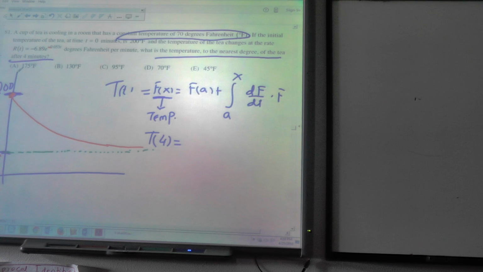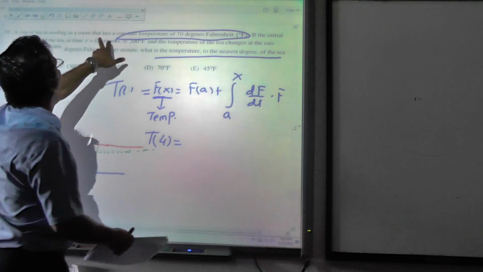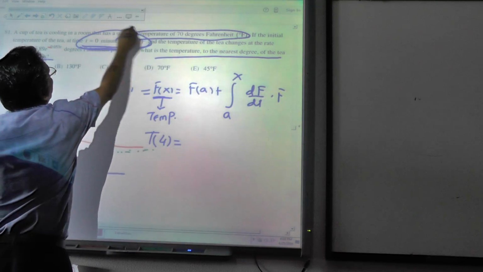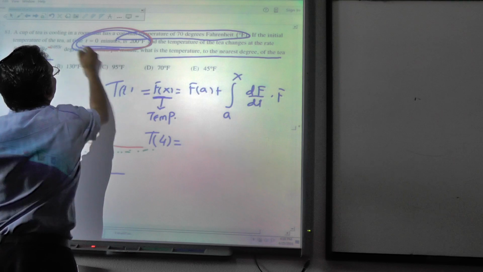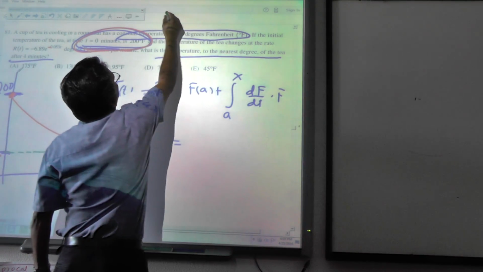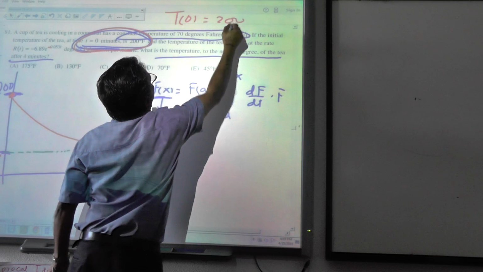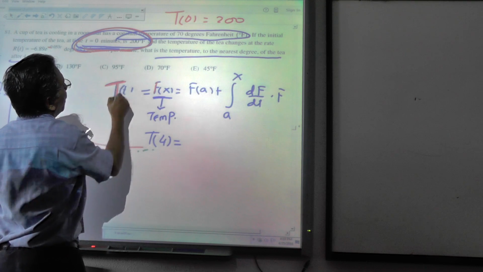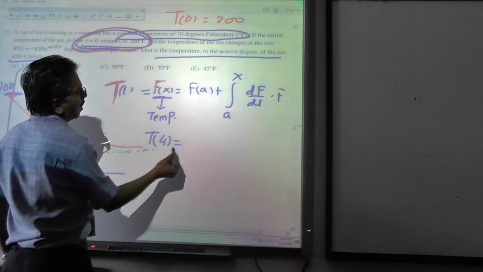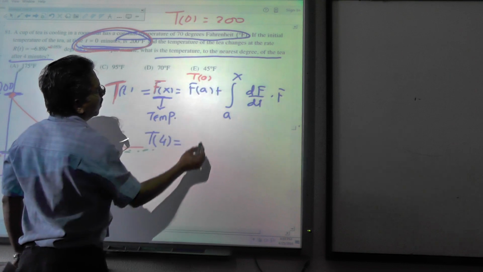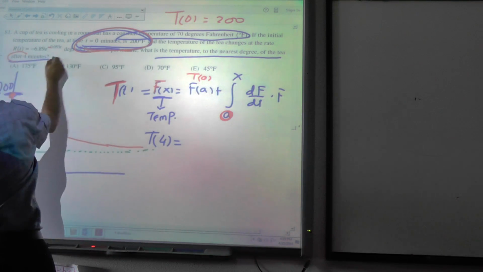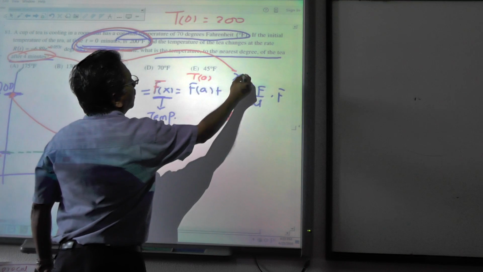So initially the temperature is given to you as, when t equals 0, here it is. This is very important. When the time is 0, it means T of 0 is 200. So that's like here. Since I'm using, instead of capital F, the temperature, I put T of 0 here, and this will be your a, which is 0, and this will be your x, which is 4.